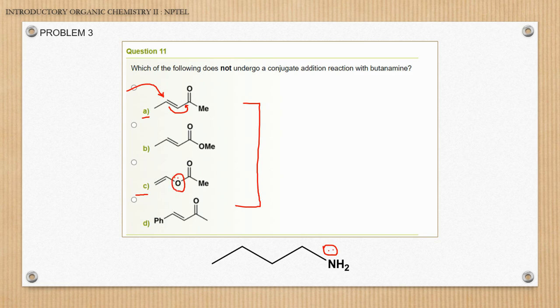That is why it is not an alpha beta unsaturated carbonyl compound, and it is not going to give you the conjugate addition. The rest of these three are alpha beta unsaturated ketones or aldehydes. So is it clear why option number C is the correct one?